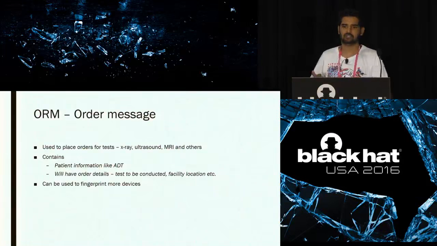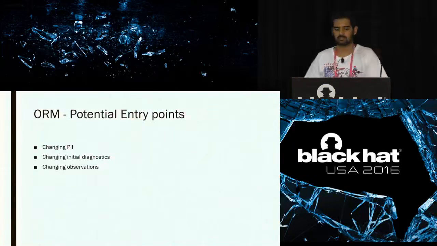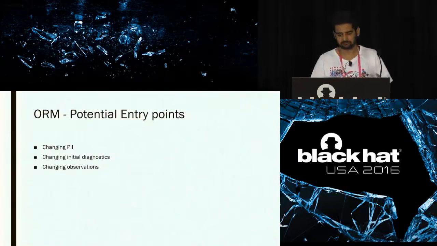Think of this: if you were to place an MRI scan, this message would be sent. So I know that inside the hospital network there's an MRI machine present. All right, so the potential entry points are changing PII, changing diagnostics, and changing observations as well.